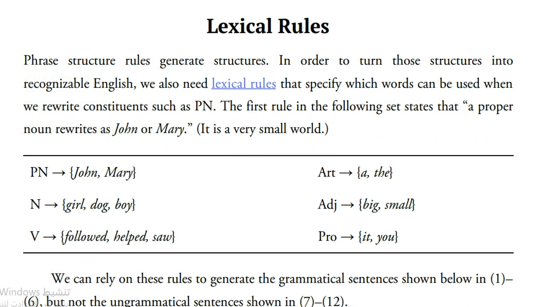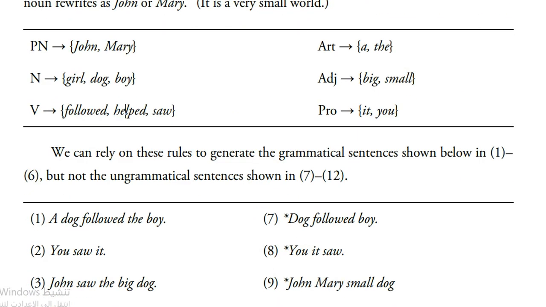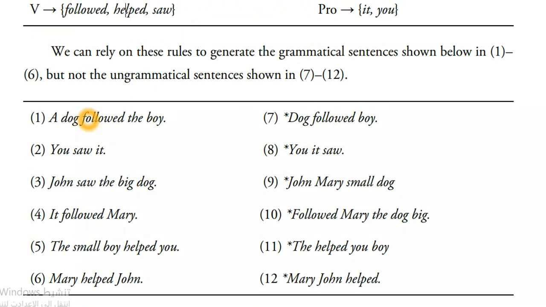So to continue in lexical rules, we already have something here: a dog followed the boy; you saw it. Here the point is you have to understand the grammatical sentences and the ungrammatical sentences, and it is already obvious to each of you that something is wrong in the structure.